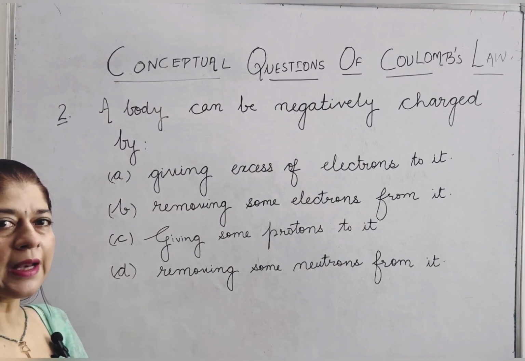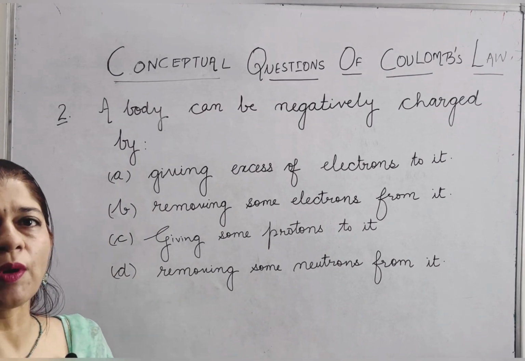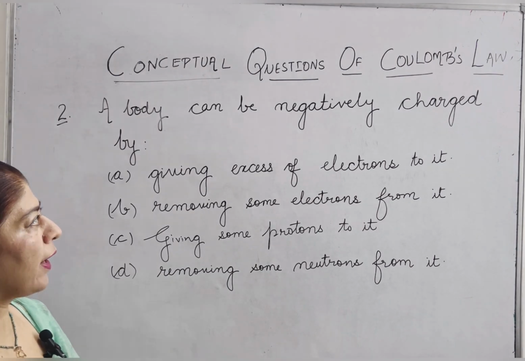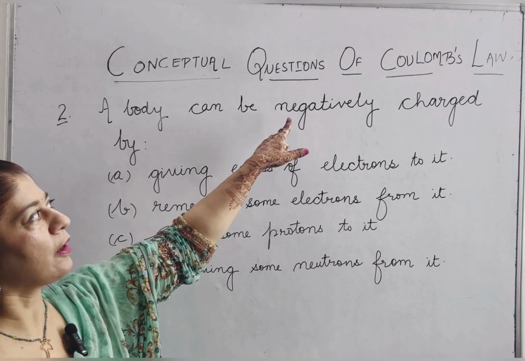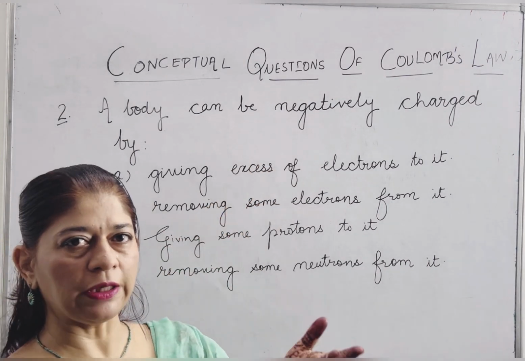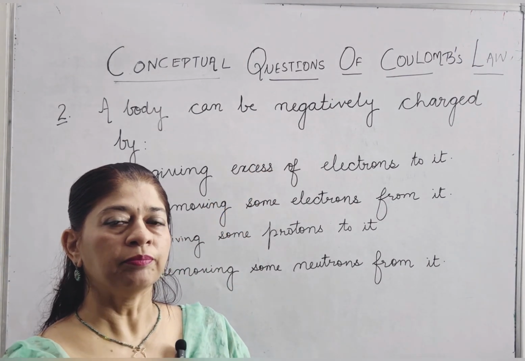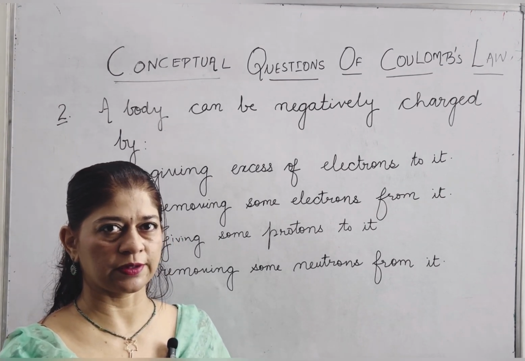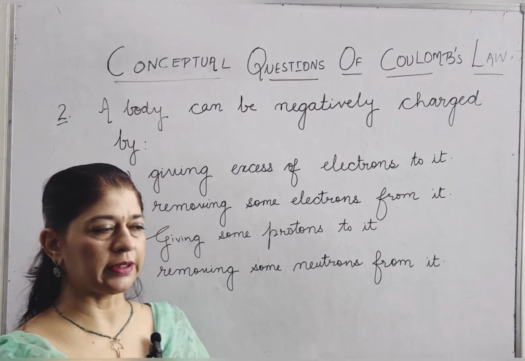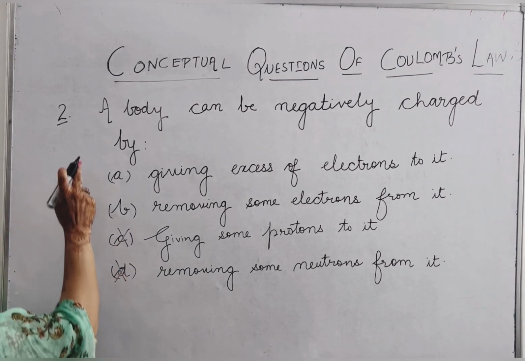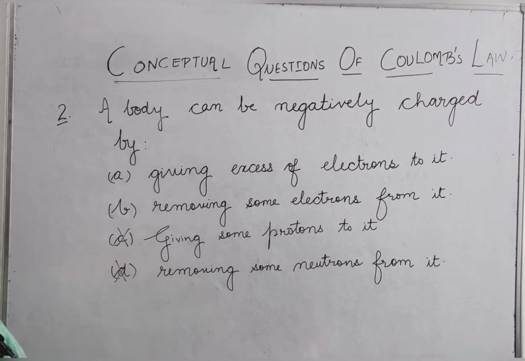So in my last video, I have discussed the properties of electric charges. In that, I have mentioned that there are two types of charges. A body can be charged positively or negatively, but that will be only due to the movement of electrons. Protons won't participate, neutrons won't. So these options won't be taken for the body to be charged.